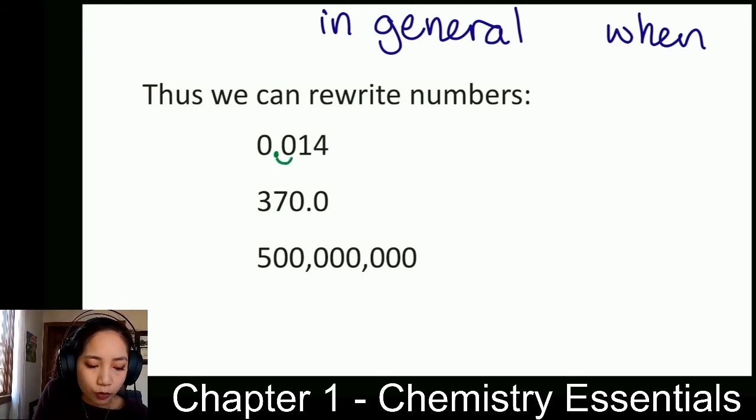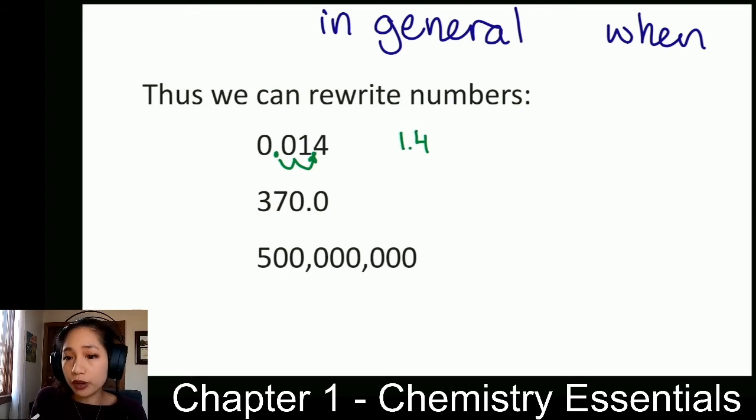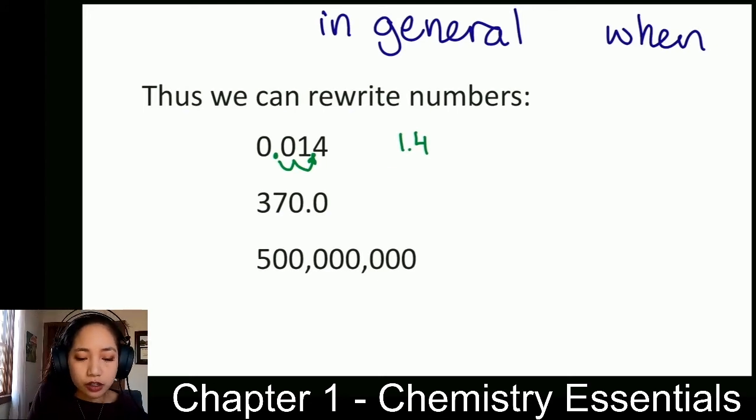So I'm going to move it one place, two places. So now you see if I move the decimal place two places, that new number is 1.4. And see how 1.4 falls between our 1 and 10 criteria for our a coefficient value. All right, so there's only one number within the ones place. All right, so I wrote my coefficient.